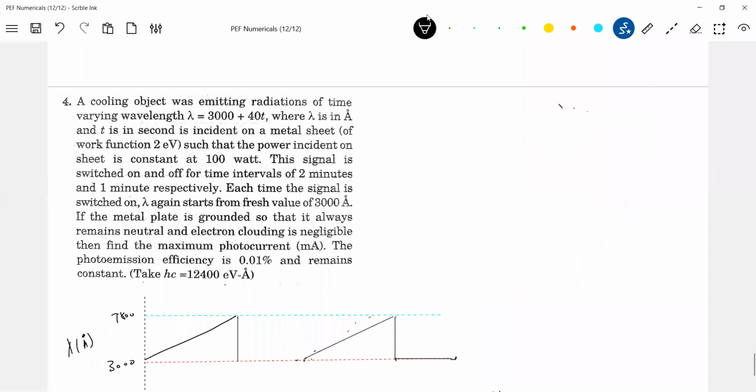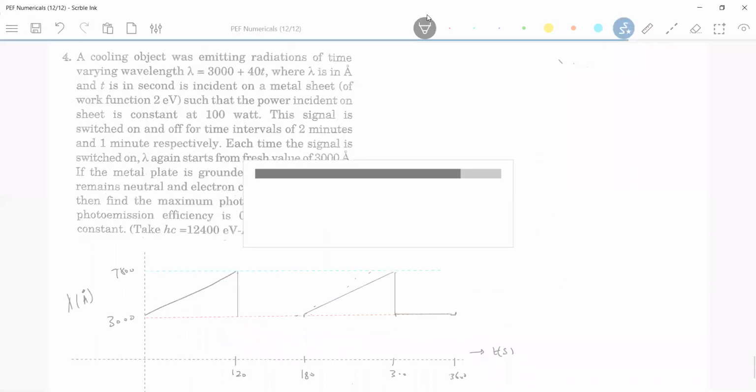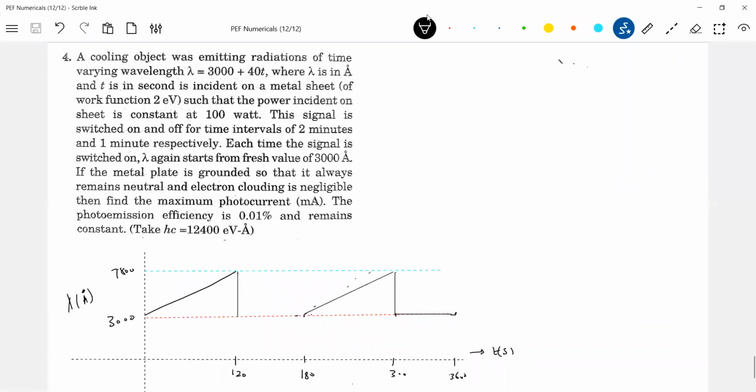Now come to this. Cutoff wavelength, how to get it? We know the work function. From the work function, we'll get the cutoff wavelength. hc by lambda naught should be equal to the work function.